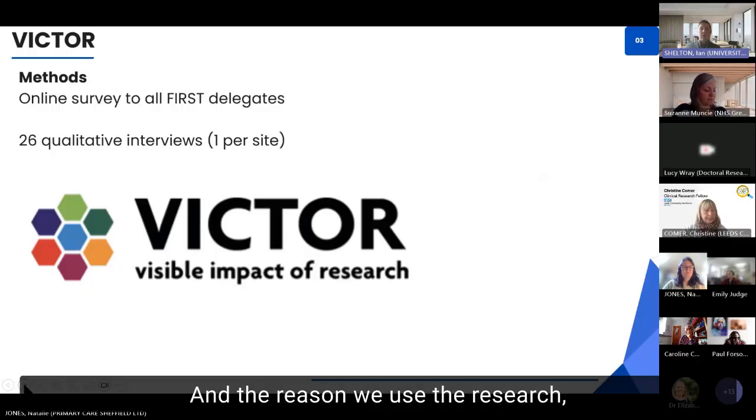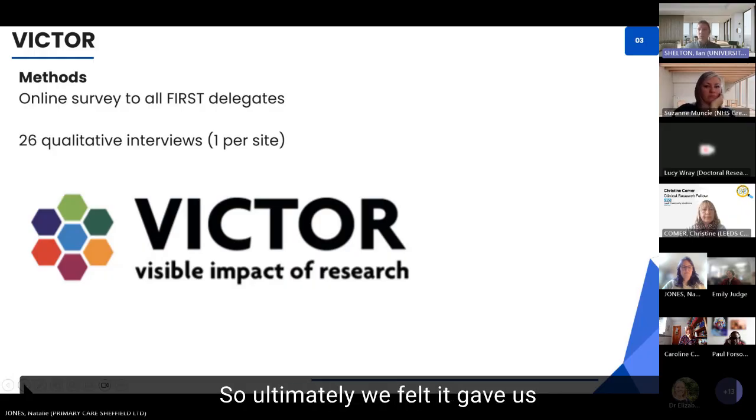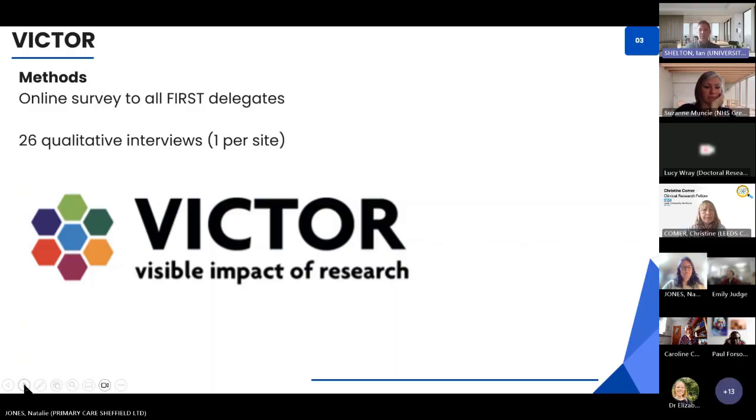The reason we used the Victor Research Impact Tool is because it was specifically designed to measure organisational outputs. We know it had been research backed, and we know it had been used in a previous RCT, and we spoke to the author about the research and looked at their subsequent paper about it. So ultimately, we felt it gave us a solid framework to work from.